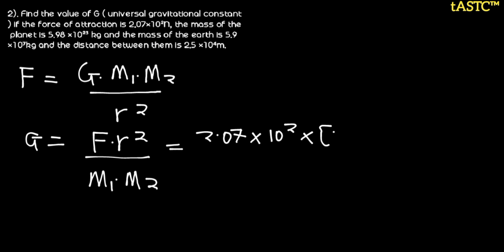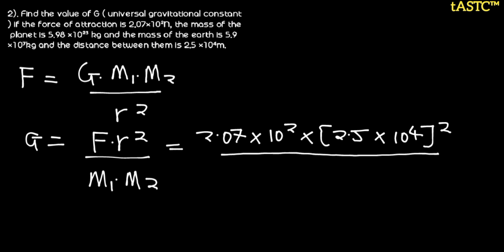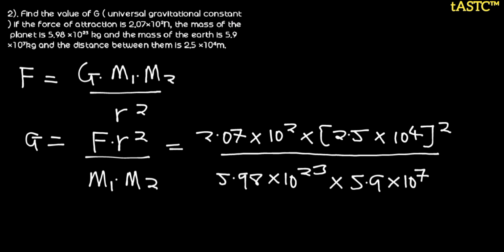So in this case, you have it as 2.5 multiplied by 10 to the 4th, and this is squared. Now this is to be divided by m1 multiplied by m2. Now m1 is the mass of the planet. So in this case, that is 5.98 multiplied by 10 to the 23rd, and that is multiplied by the mass of the Earth, which in this case we have as 5.9 multiplied by 10 to the 7th kilograms.